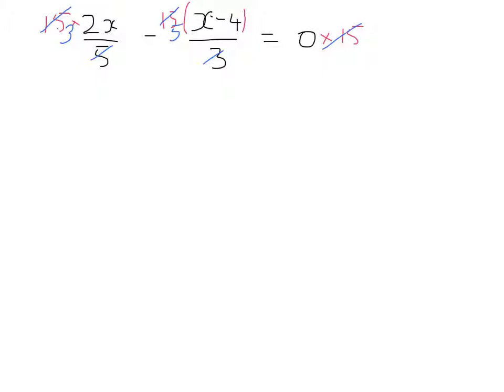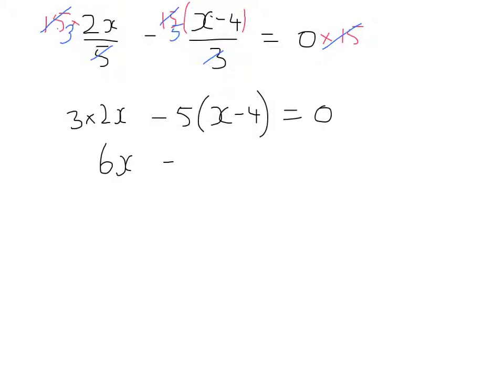So that will now leave us with the top line simplified: 3 times 2x take away 5 by x take 4 equals 0.